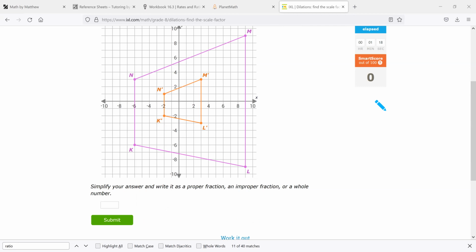And then how many up do you go? 1 right and 1 up. So 1 right and 1 up gets me to there, where I've just put that black dot. I want to get to where M prime is. Okay, that's okay. So let me go ahead and write the ordered pair for M prime, and I'm going to write the ordered pair for M.